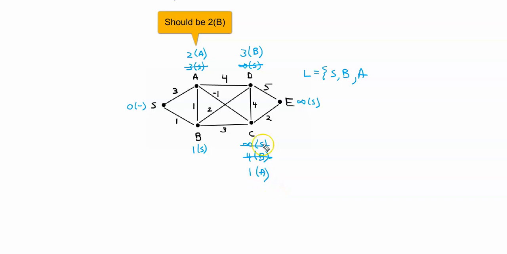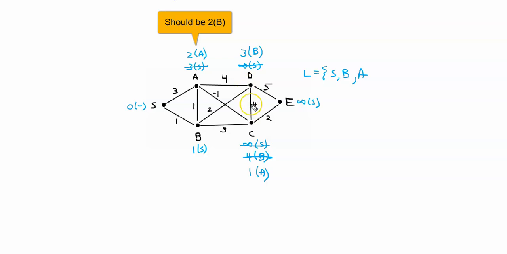So that tells us that to get from S to C, it's shorter to go like this: S to B to A to C, than going from S to B to C. You see, the 4 had us going S-B-C, that had a path weight of 4, but now we see it's actually shorter to go S-B-A-C. And there we go, that's updated.